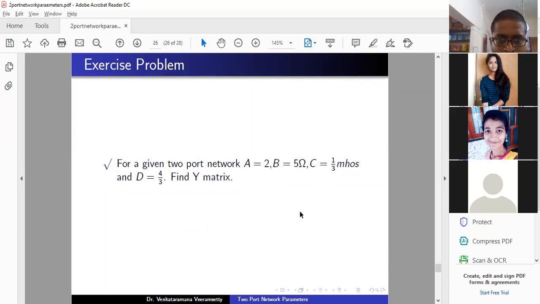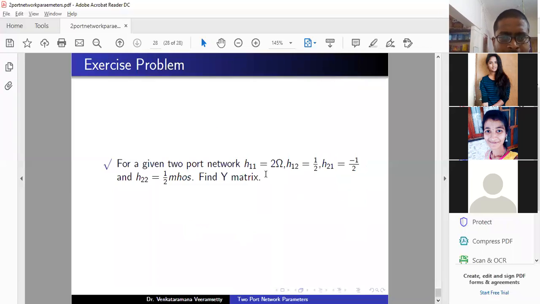Please note it down, only 1 minute left. Similarly, here H11 equal to 2 ohms, H12 equal to 1/2, H21 equal to minus 1/2, H22 equal to 1/2 mhos, and you have to find the Y matrix, that is Y11, Y12, Y21, and Y22.